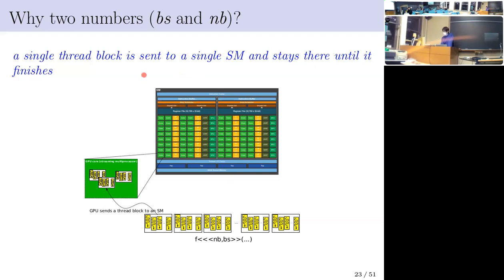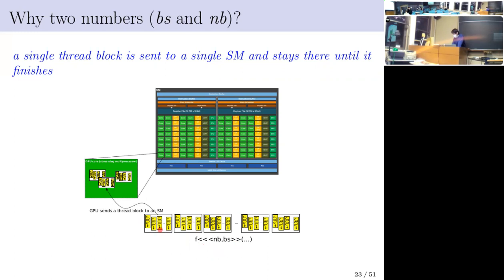Okay, but still, it is instructive to talk a little bit about how a GPU works when it is given a number of thread blocks, each having many threads inside. This is illustrating what happens when you launch a kernel using a notation like this.